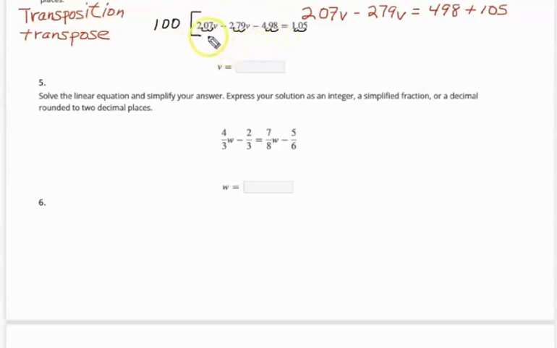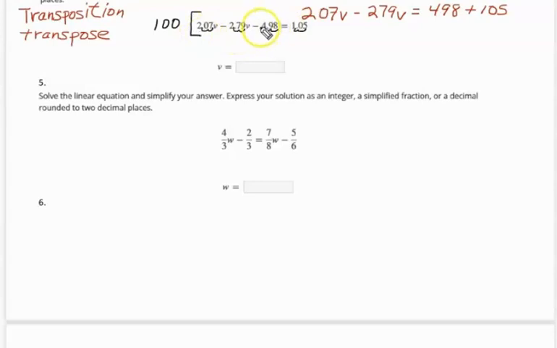So if you notice, after I looked at this, I got rid of all my decimals, and then I saw I had 2 variables on this side, and I had a number. So what I did is I took this negative 498 and physically moved it to the other side.